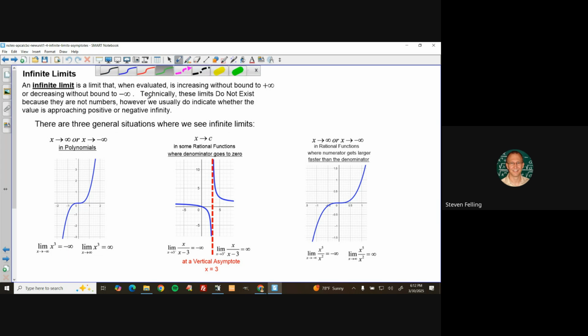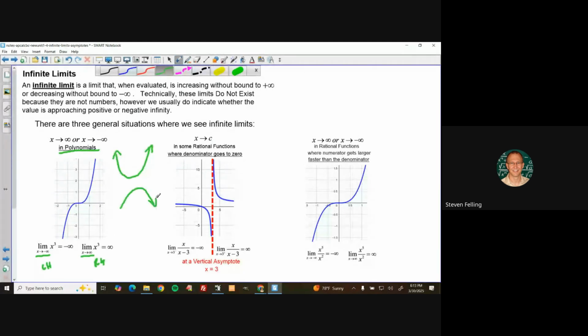One of them would be whenever we have a polynomial, because specifically if we're taking the limit as x approaches infinity or x approaches negative infinity, which we sometimes call the right-hand behavior or the left-hand behavior, polynomials always go off to infinity, positive or negative. So one side goes to infinity, the other side goes to negative infinity. With an x squared polynomial, both sides go off to positive infinity or both sides go off to negative infinity.